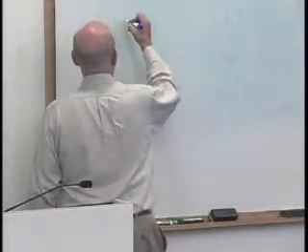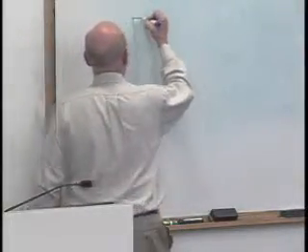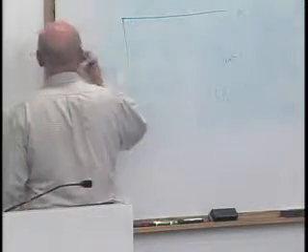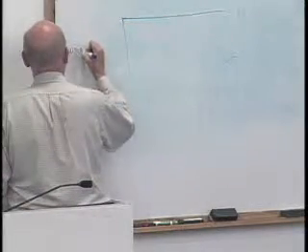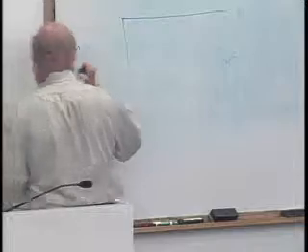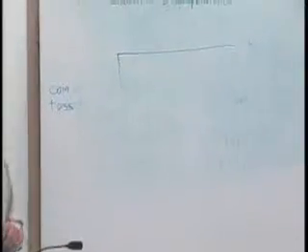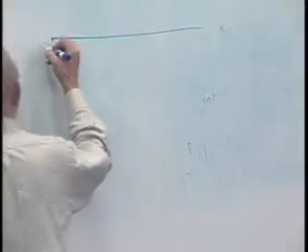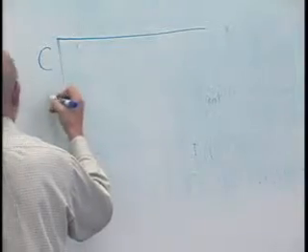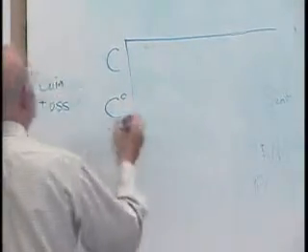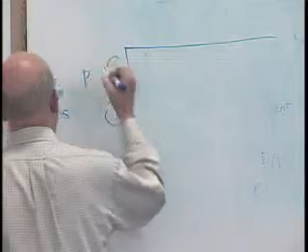So we now have the following setup. We have the coin toss, and the two outcomes of the coin toss I'm going to call C, which means Harvard won the coin toss, and C complement, which means Harvard lost it.